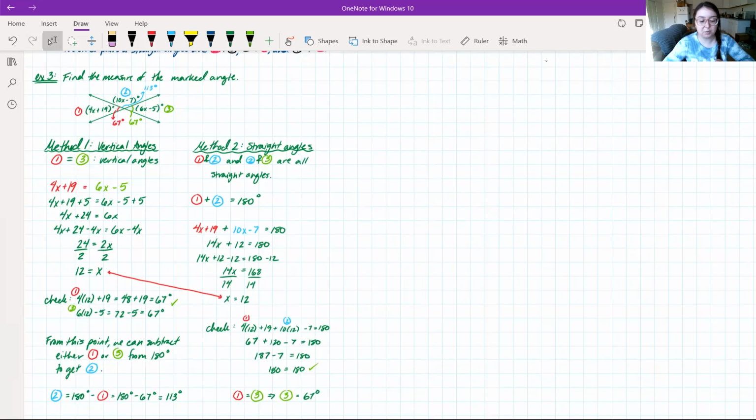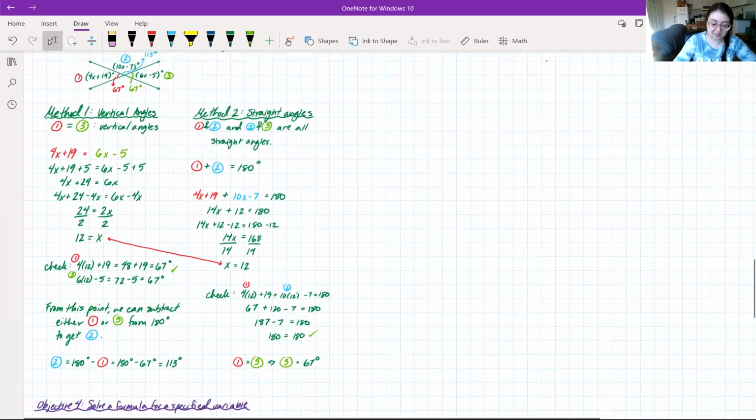And in this case, we were able to choose because of the problem we were given. But remember, if your equations are opposite or they are vertical angles, you do have to set them equal to each other. And if they are straight angles, you do have to add them and set them equal to 180. You wouldn't have the option in that case to choose one or the other if you don't have both.